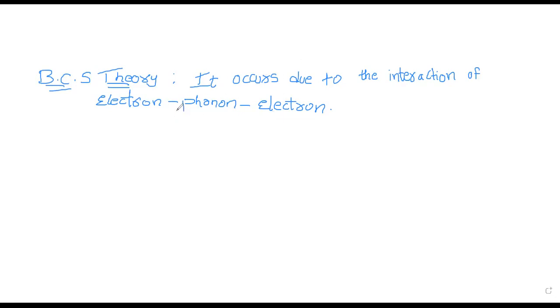In the examination they will ask you the meaning of Cooper pair. When we plot a schematic diagram, see, this is the Cooper pair. The electron and electron want to interact.